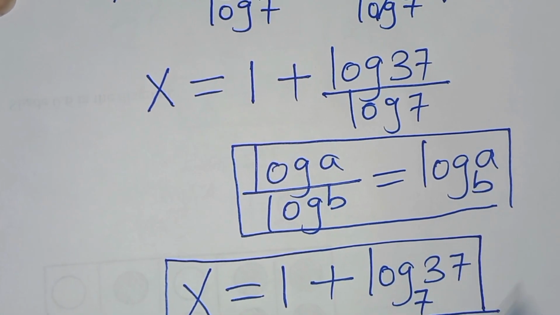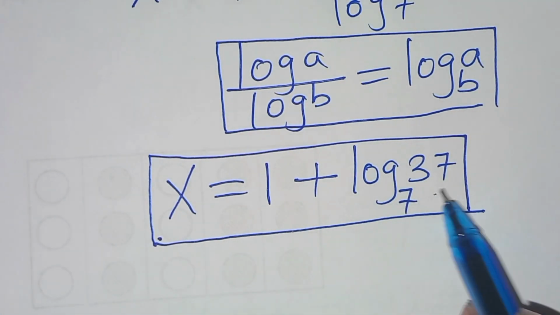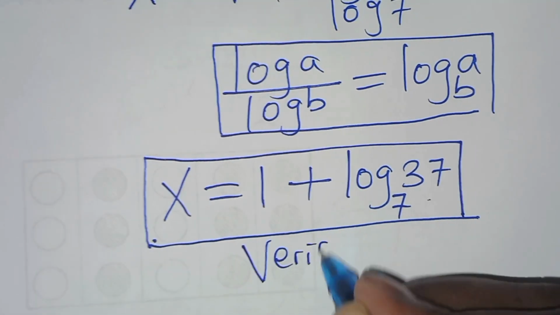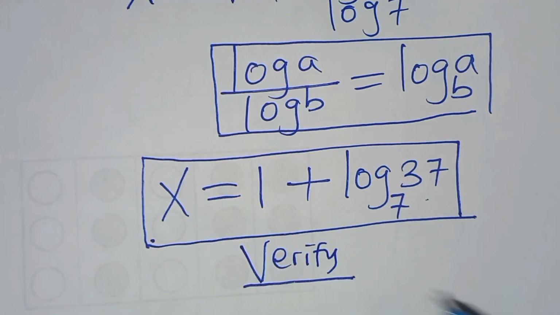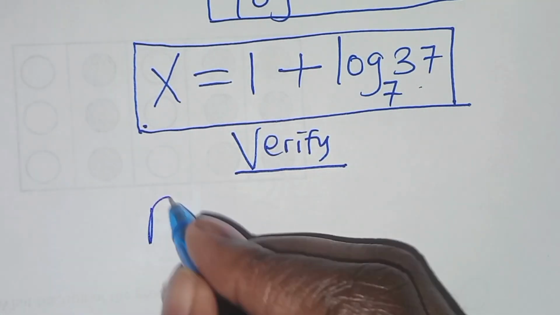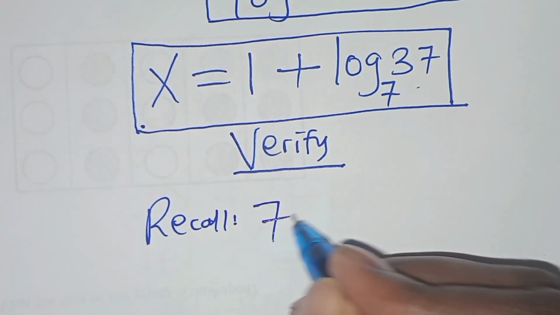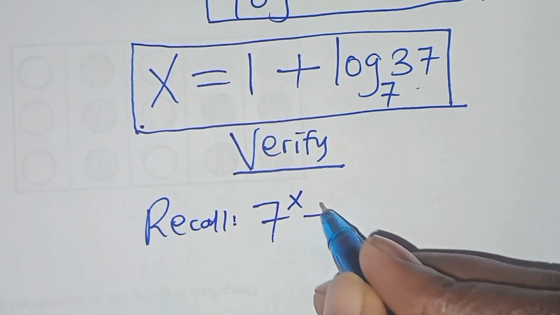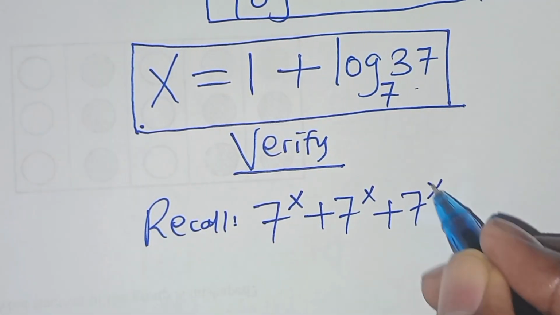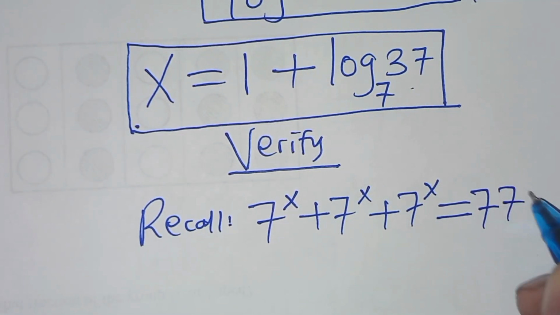The next step from here, let's verify that this value of x satisfies the equation. Now, if you recall, we had 7 to the power x plus 7 to the power x plus 7 to the power x equal to 777.